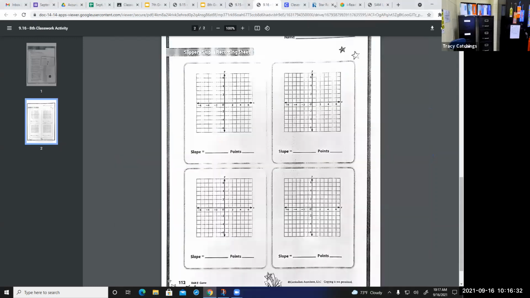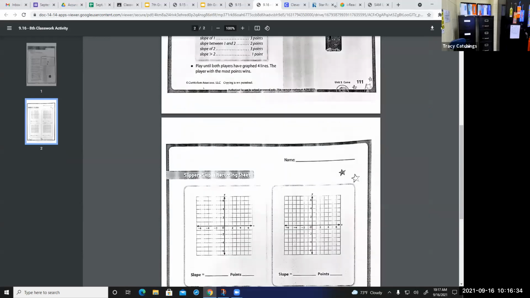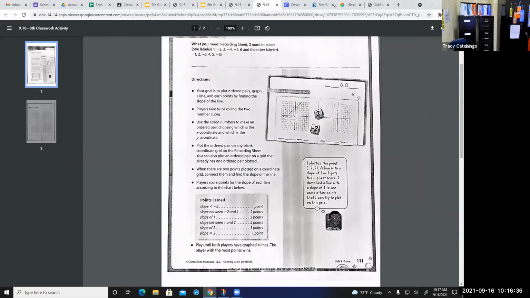Everyone, go with that same person in front of you. The directions I give you will be different than what's listed because I don't have what they have. So listen close.